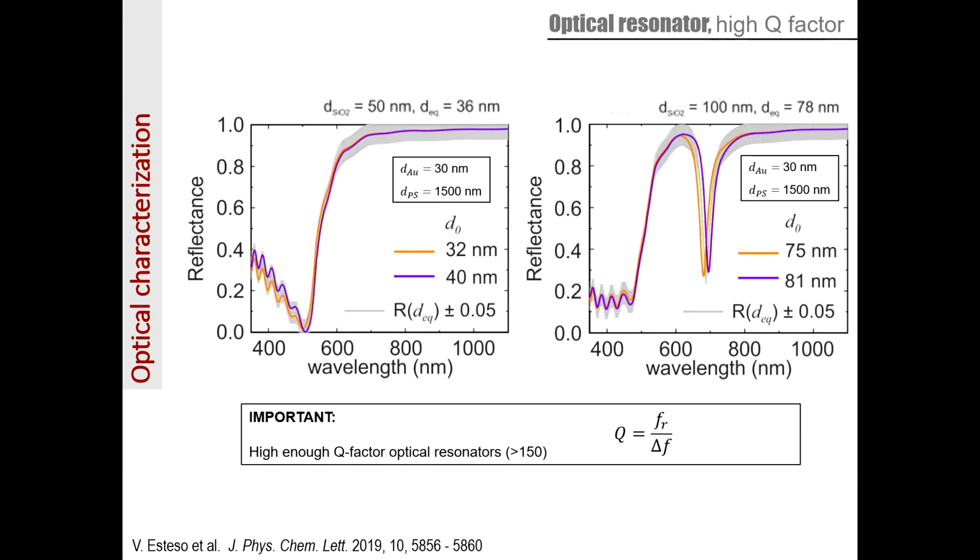Another thing that we checked carefully is that we need a certain high quality factor in our resonators, which is not really high. It's above 150, but still you need something like that to really discriminate between systems that are really levitating, which correspond to this gray curve here, and it is a thick curve because we are taking into account a 5% error that could arise from experimental sources, roughness, misalignment, and stuff like that.